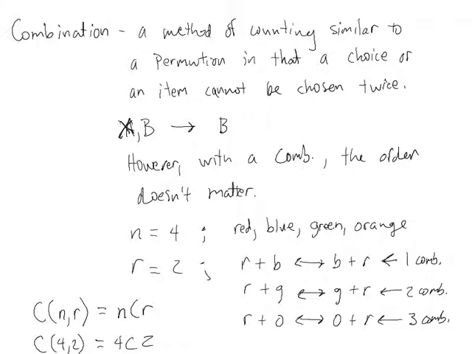And I'll throw up a little example that's in your workbook too. This is example 7 in your workbook. I don't always refer to them with the same number, but a lot of these examples I pulled from the workbook. So let's say a committee of 12 people.